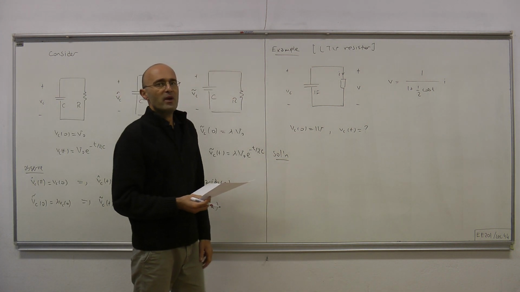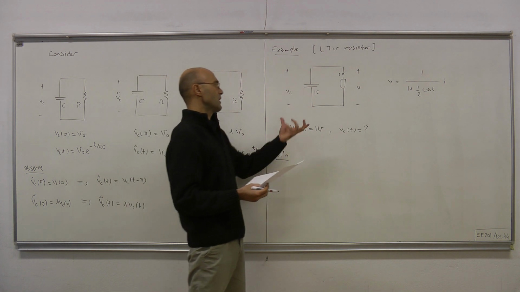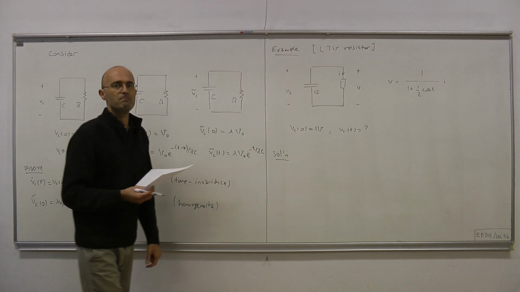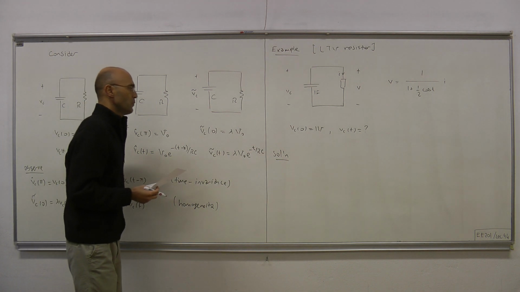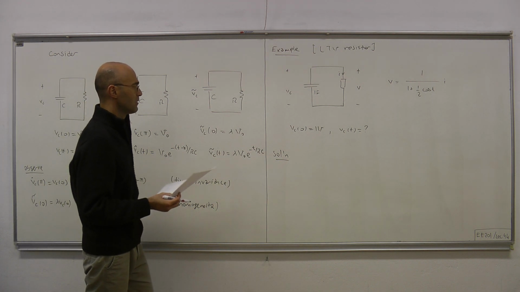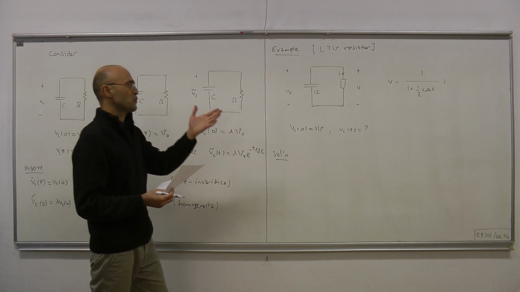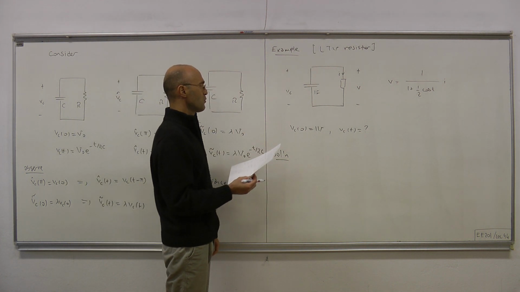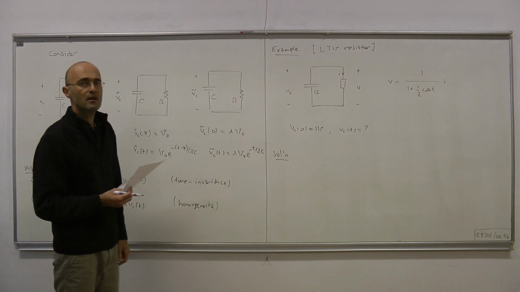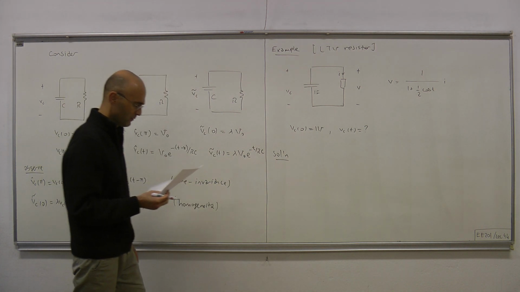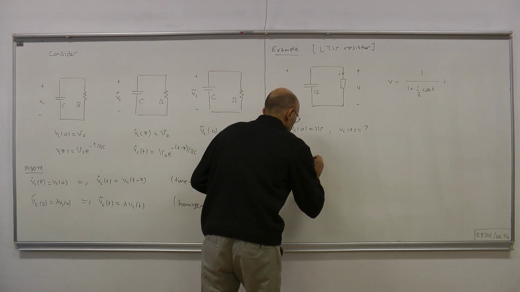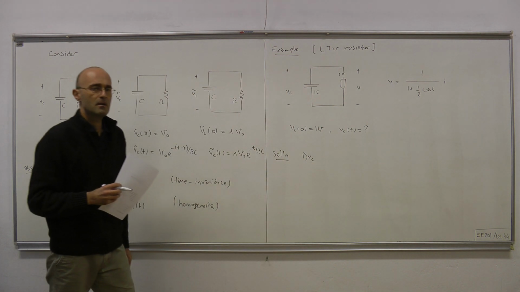It's not guaranteed that we have an exact solution, in which case we resort to numerical methods or computer help. But this is a very simple example, so we will in fact be able to obtain the exact solution. Let's start by determining the equation of the capacitor.